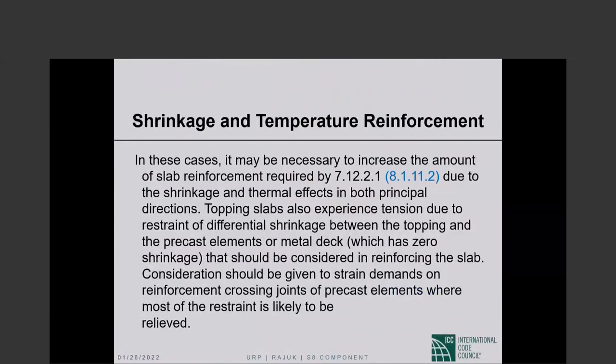In these cases, it may be necessary to increase the amount of slab reinforcement required by 7.12 due to the shrinkage and thermal effects in both principal directions.